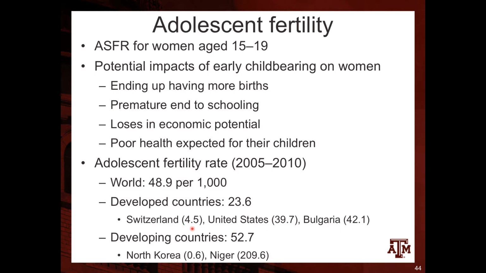So in Switzerland, it was only 4.5 per 1,000 women between 15 and 19, and in the US it was 39.7, in Bulgaria 42.1. And in developing countries, on average, of course, it's higher than in developed countries.